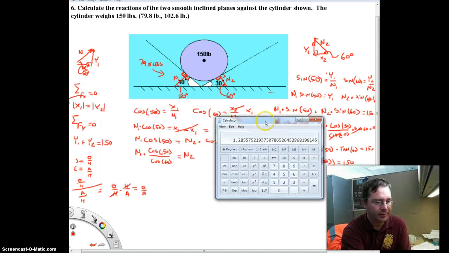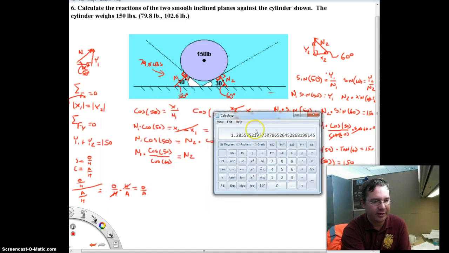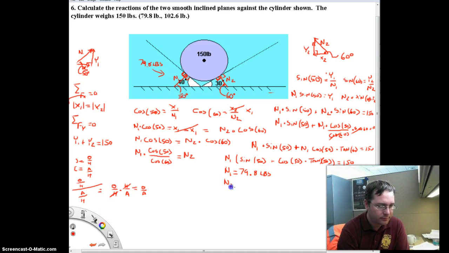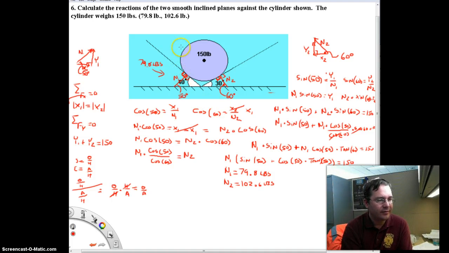There's your quantity. That number times n1 will give you n2. So times 79.8. And n2 is going to give you 102.6. If we check the answers that are given by the text, we see that we get the correct answers.